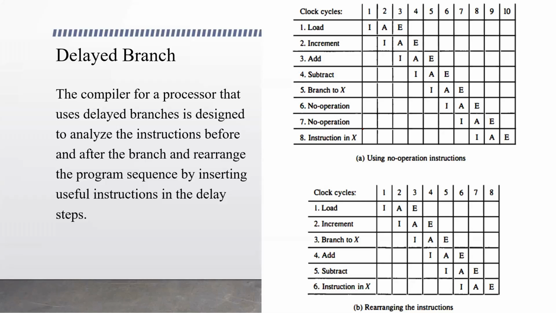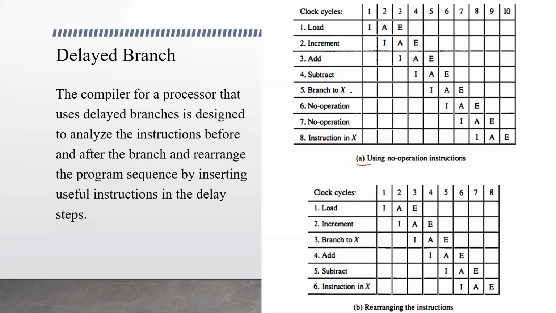Here is an example in space-time diagram A. The first instruction is load, which is carried out in 3 steps. Then an increment, the third is add, and the fourth instruction is subtract.